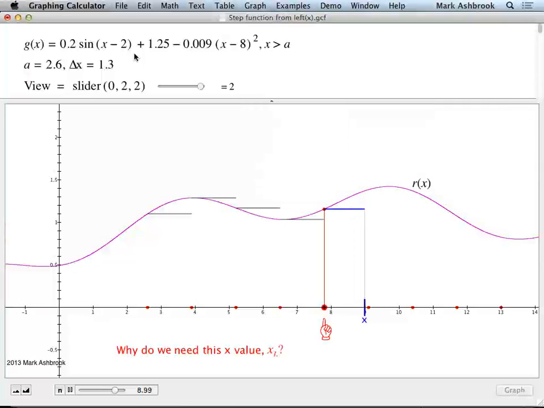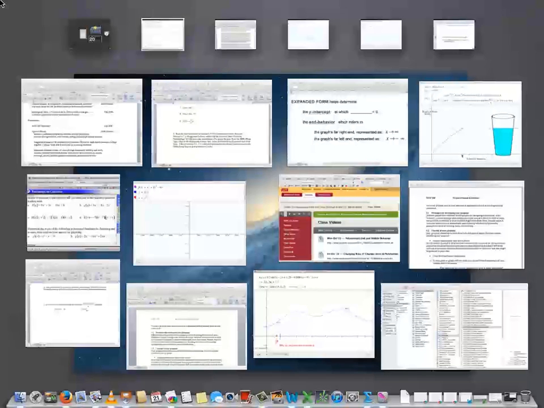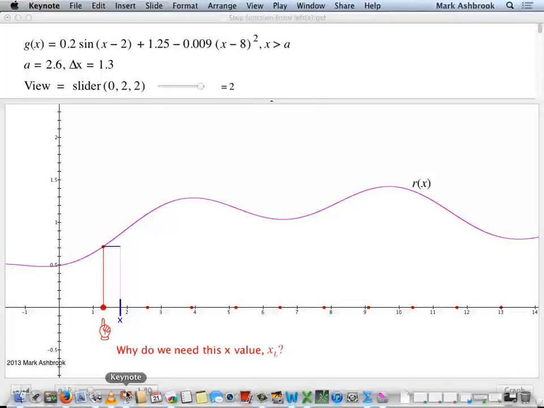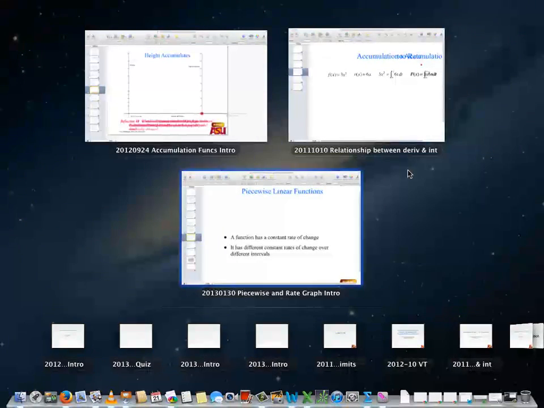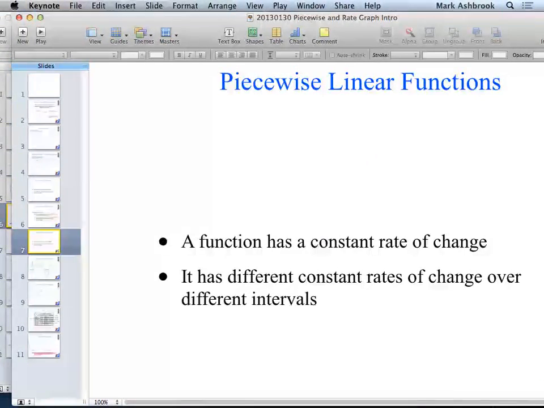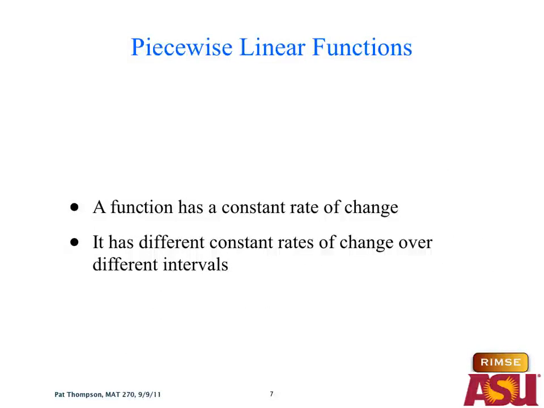I want to do a lesson from much earlier in the calculus course. Okay, and so talking about the idea of a piecewise linear function.